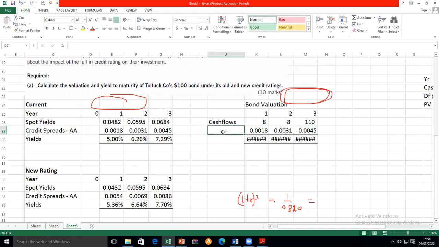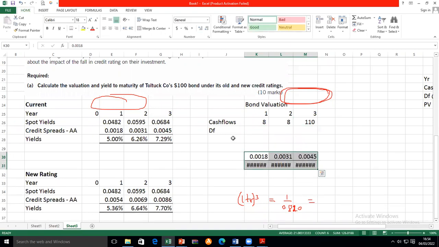Now, what are the discount factors? Now, these discount factors, you know, they vary. The first one is at what rate? 5%. The next one will be at what? Current, 6.26.